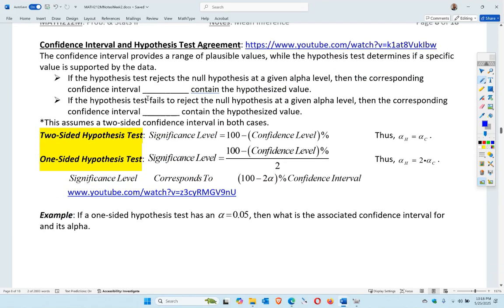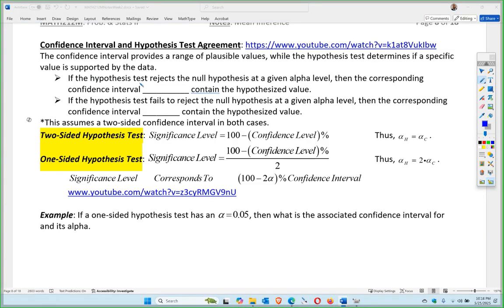Okay. If the hypothesis test rejects the null hypothesis at a given alpha level, then the corresponding confidence interval does not contain the value. Here's the key: if you rejected the null hypothesis, it means you don't believe in it.